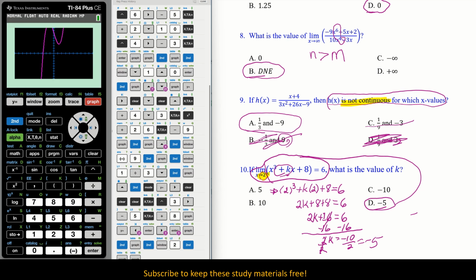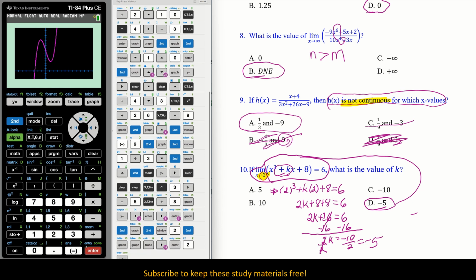So let's go back to our graph. It's kind of hard to. Oh, let's use trace. And we can go to 2. Let's see if it does it. Nope. Well, let's enter 2 while we're on trace. Well, that didn't work either. Let's go trace. 2. Enter. Yes, now there it is.